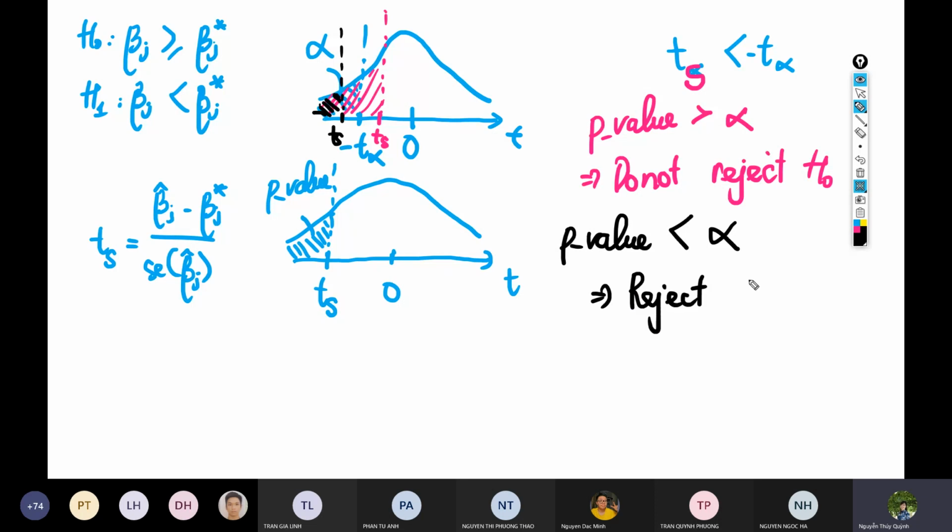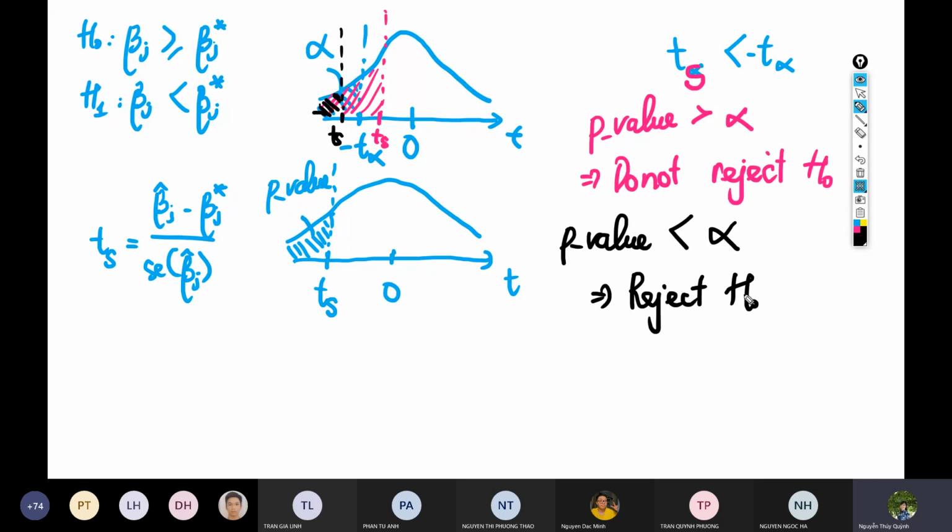So there's only one rule for using the p-value approach. As long as the p-value is less than alpha, then we will reject the null hypothesis.